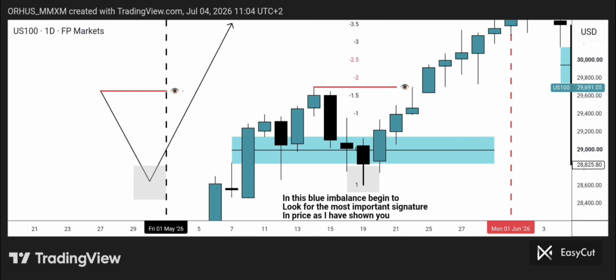And this is a clear depiction of a market maker buy model, which means I'll be looking for buys once I've confirmed the most important signature in price. I'll have a bullish bias till my targets or other points of interest are reached.